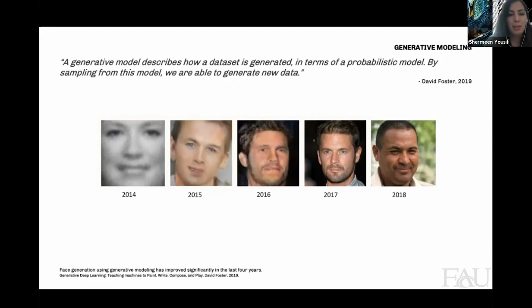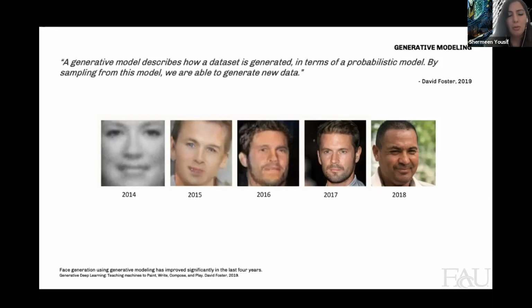So this has been within the book that I'm also interested in, which is a book by David Foster. And David Foster defines generative models as those models that process data sets and generate new data sets. So in terms of probabilistic models, they sample and they're able to generate new data.